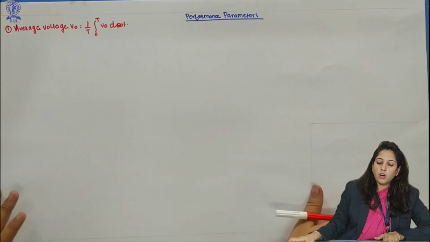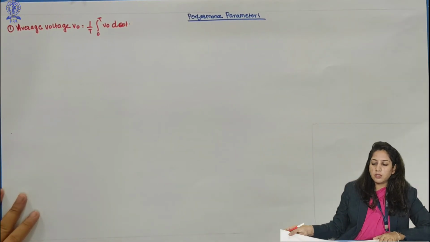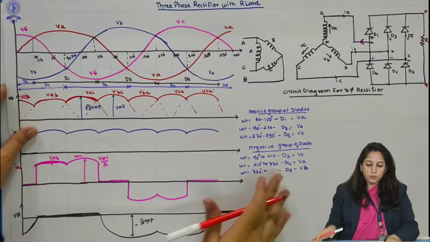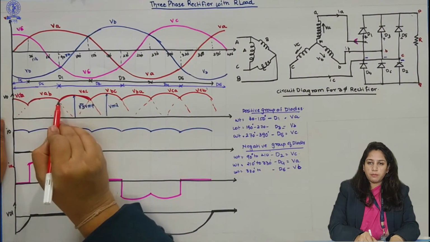Here I have shown the output average voltage. For output average voltage I will be considering VAB.